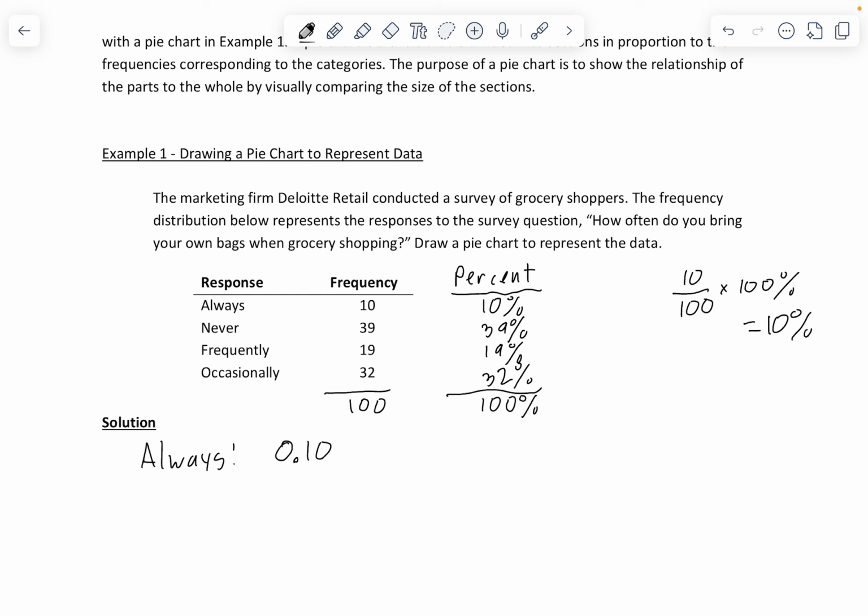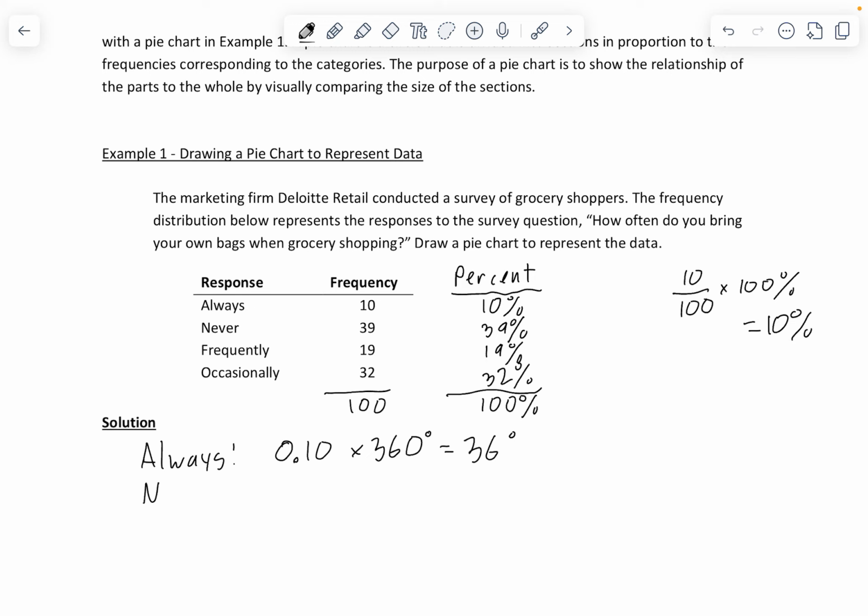I multiply that by 360 degrees, and I get 36. That small raised circle is the symbol we use to represent degrees. So the pie slice corresponding to the category always will have a size of 36 degrees.